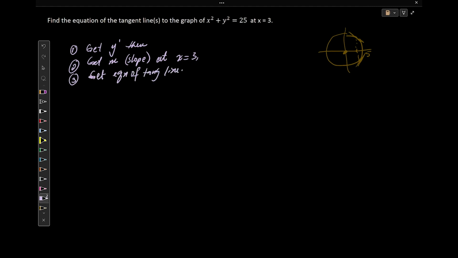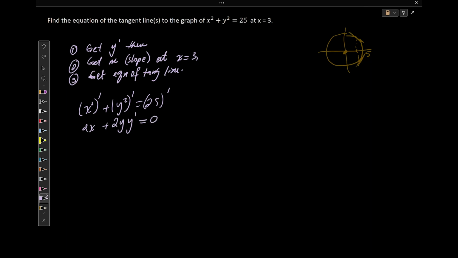Let's do it. So y prime. As we can see here, it's easier to do implicit differentiation. So again, y is a function of x, implicit differentiation. So we'll have the derivative of x squared plus the derivative of y squared equals the derivative of 25. The derivative of x squared is 2x plus the derivative of y squared is 2y y prime, chain rule, equals 0.